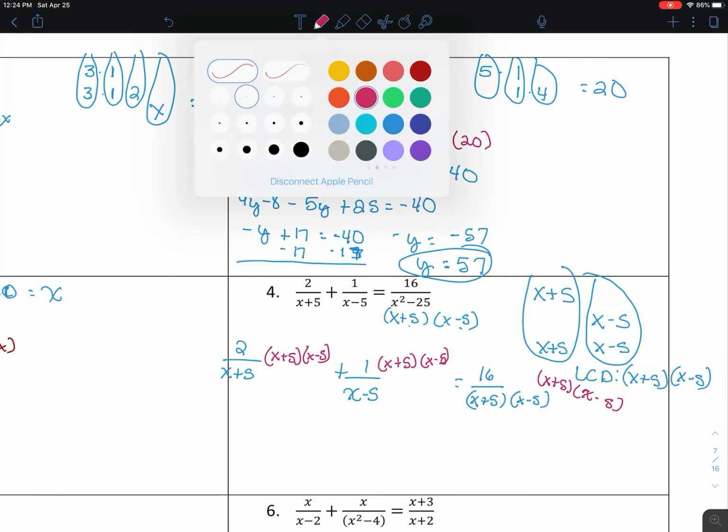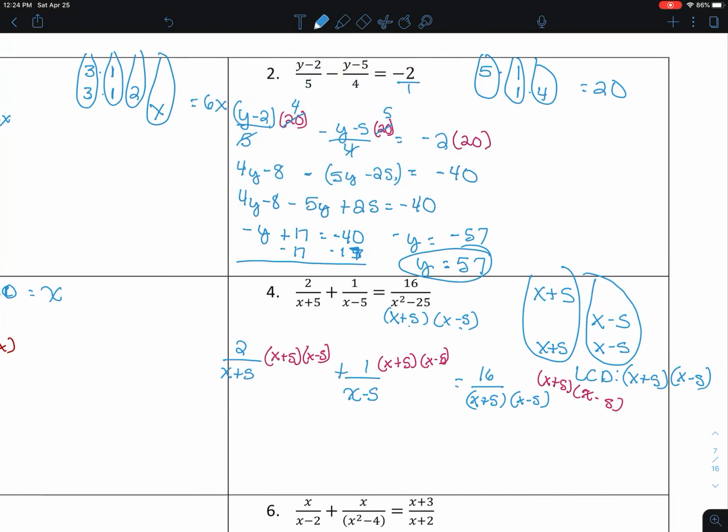Okay, so when I do that, what happens to some of my expressions? Well, this x plus 5 cancels with that x plus 5, so I'm left with x minus 5. Multiplying that by 2, I get 2x minus 10. Again, x minus 5 cancels here. I multiply by 1, I get x plus 5. And look over here, everything cancels. That x plus 5 cancels, x minus 5 cancels, so I'm left with 16.